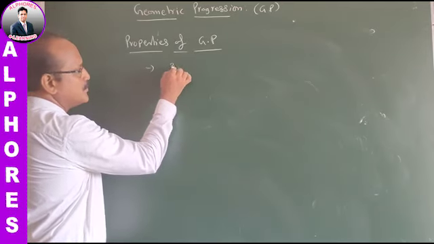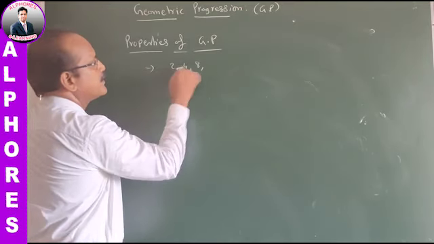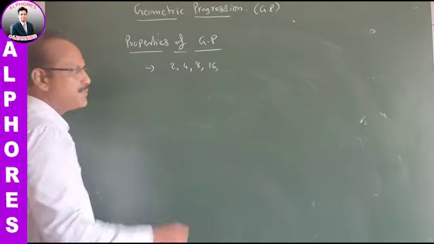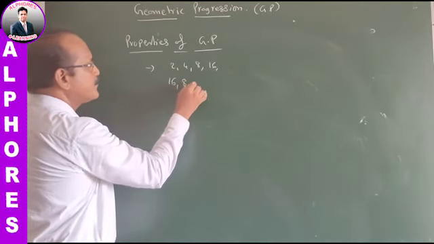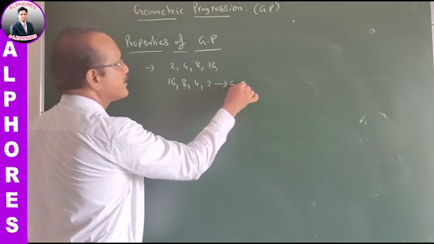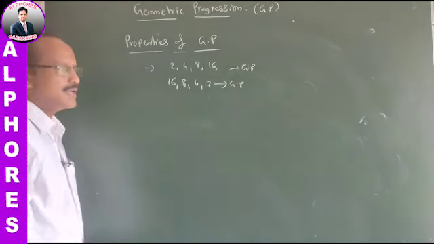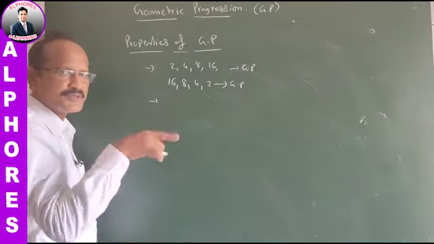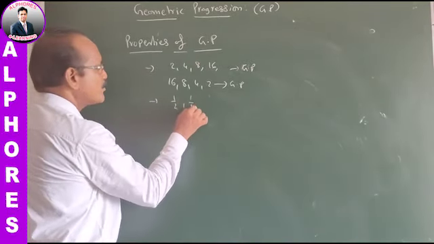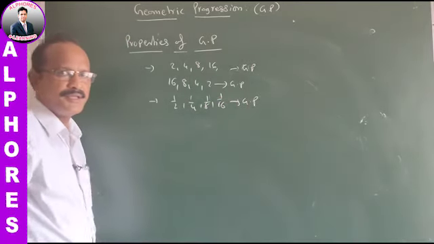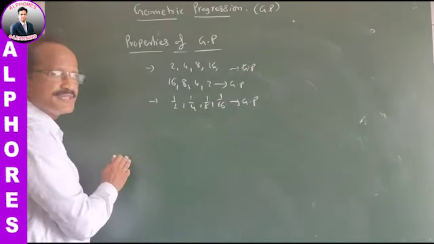Suppose 2, 4, 8, etc. is in GP. Then 16, 8, 4, 2 is also in GP. The reciprocal of a GP is also a GP. That is 1 by 2, 1 by 4, 1 by 8, 1 by 16 is also in GP. Right. Reciprocal is also in GP.